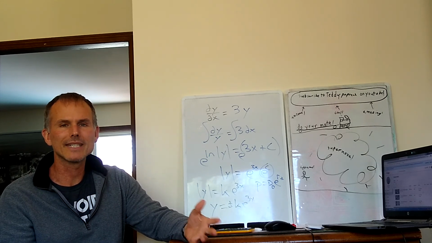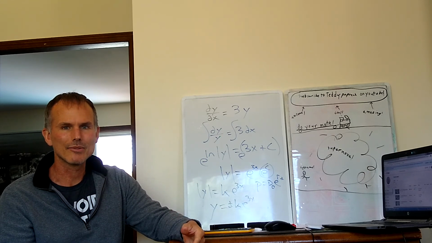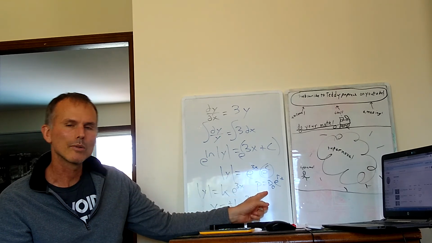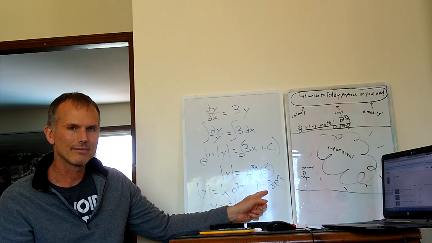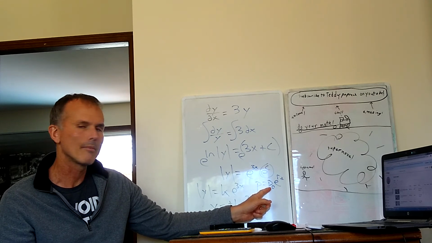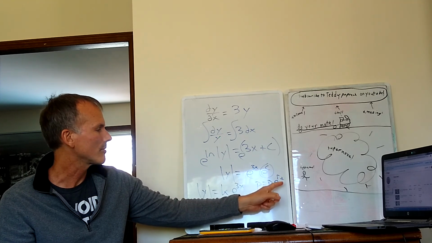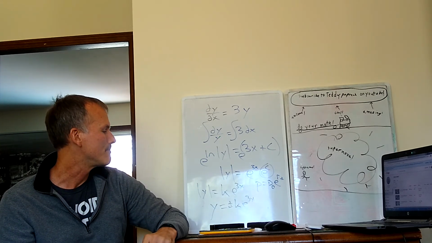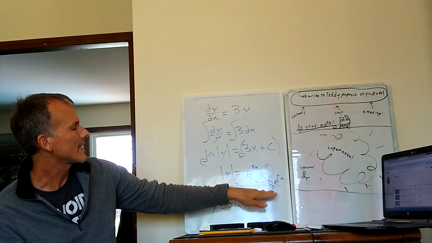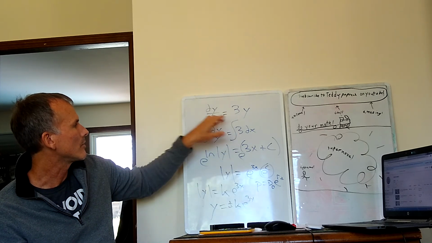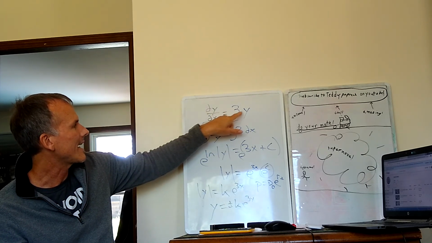If your money grows at a given interest rate, compounded continuously, this is the equation that describes how it grows. You've got your initial amount here, e to the, there's your interest rate or growth rate, and t is your time. And it's a solution to the differential equation dy by dx equals a constant times y.